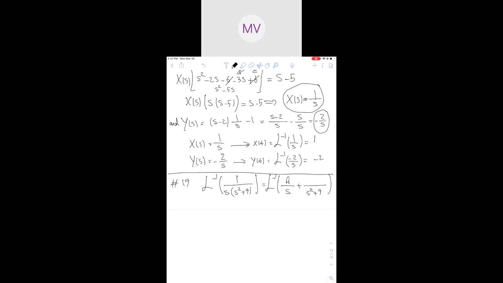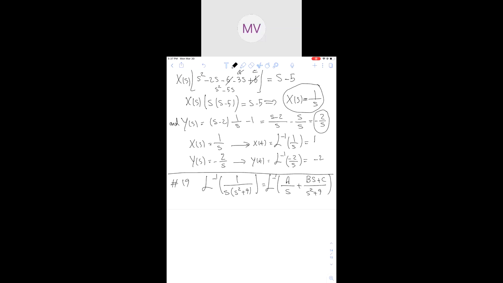Now, what kind of expression are you expecting in the second one, s squared plus 9? Remember, s squared plus 9 is not factorable, so for that reason we want a polynomial of one degree less, which is linear. So in this case, let's go with bs plus c.